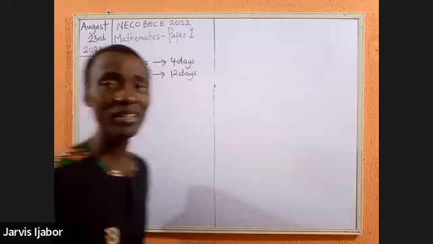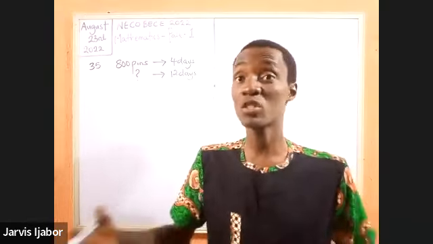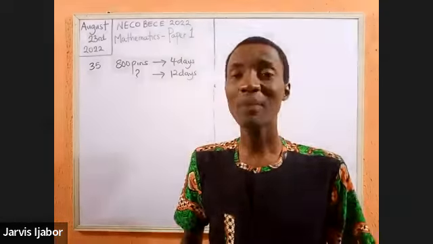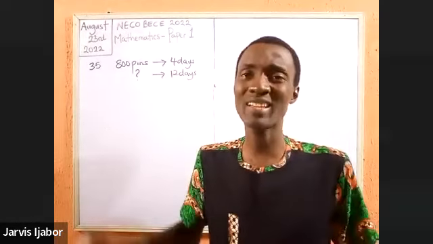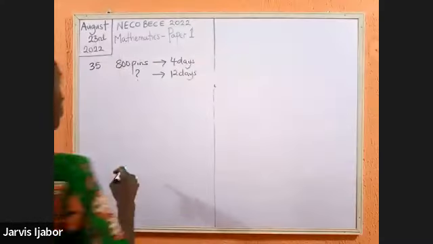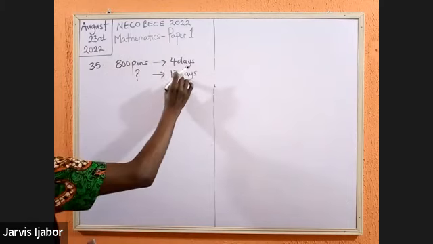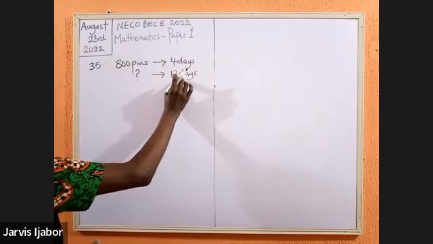Now, remember that this is more like a production process. So the number of days you spend will determine how many you produce. So this is an example of what is called direct proportion. In direct proportion, all I need to do is to say this times this divided by this.